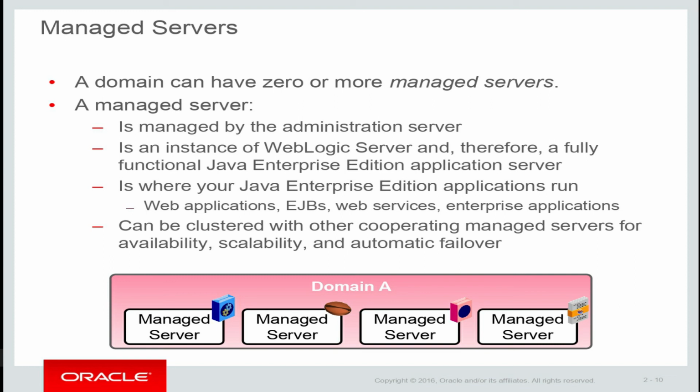This blue box can be an application, and this pink box can be any other application. So we can distribute multiple applications on multiple managed servers, or deploy a single application on multiple managed servers. It depends on our configuration, and we will see it later.